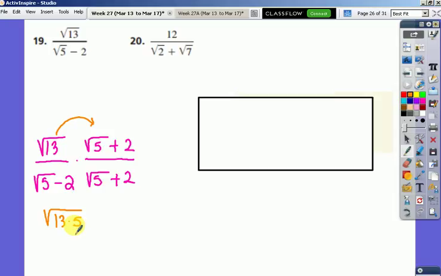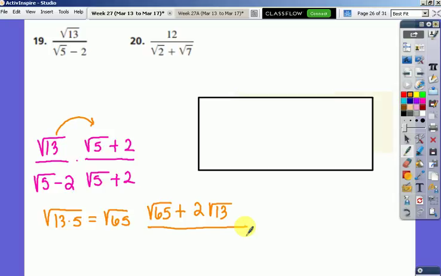Well, use it as part of a factor tree, 13 and 5. Since they're both prime, I can't break that down any further, right? So, I'm just going to leave it as root 65. So I have root 65 plus 2 root 13 over.